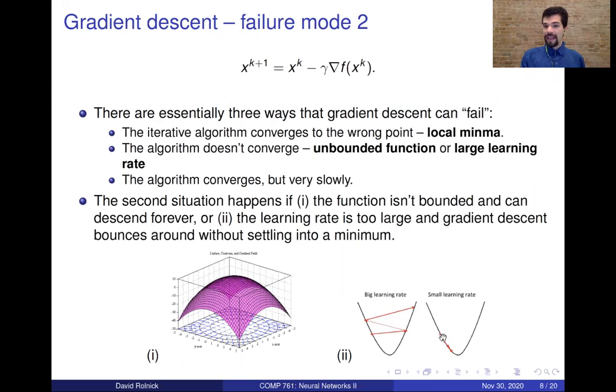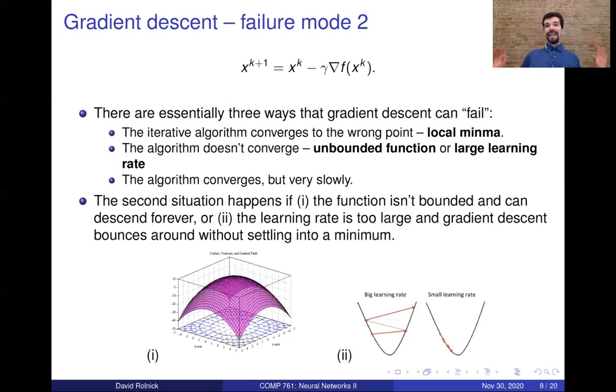So this is a problem with gradient descent. What you would like is really, really small step sizes. The reason you wouldn't always do that is you also want to do it in a reasonable amount of time. So you would like to have as few steps as possible, but make sure that they're not too big. This is an entire area of work, but suffice it to say that it's a legit problem.